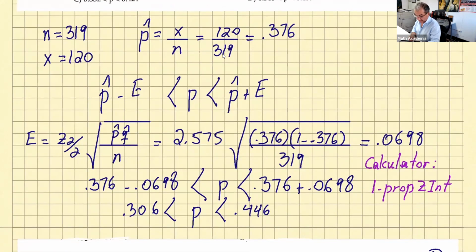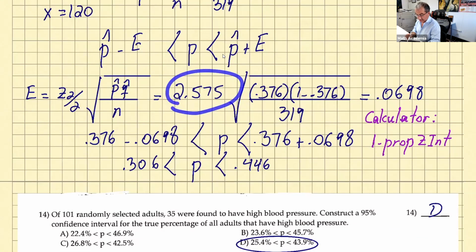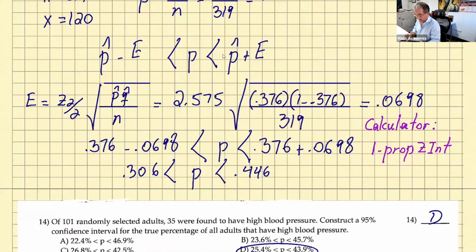Again, the formula is p hat minus E less than p less than p hat plus E. E is given by this formula, z sub alpha over 2 times square root of p hat q hat over n. z sub alpha over 2 for a 99% confidence level is 2.575. P hat times 1 minus p hat, you substitute over 319, and that's what you get.